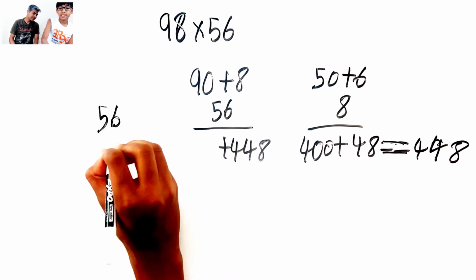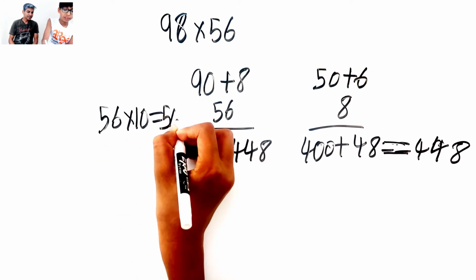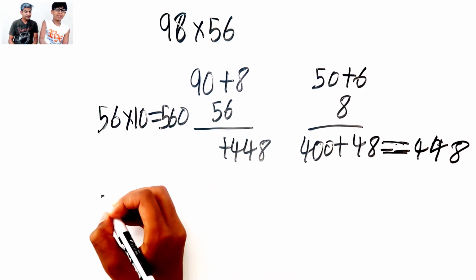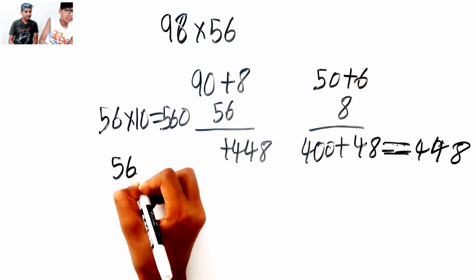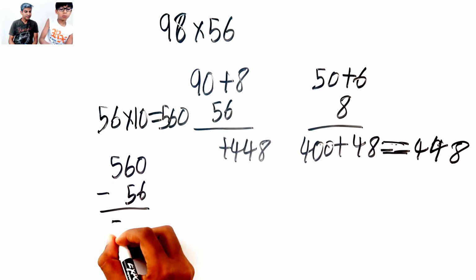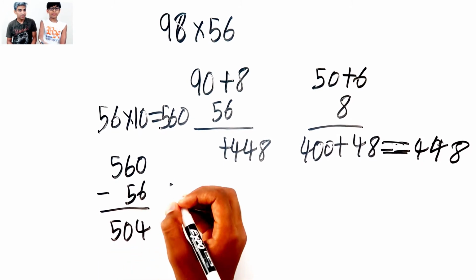56 times 10 equals 560, and also now let's turn into 9, so 560 minus 56 equals 504. Oh, wow.